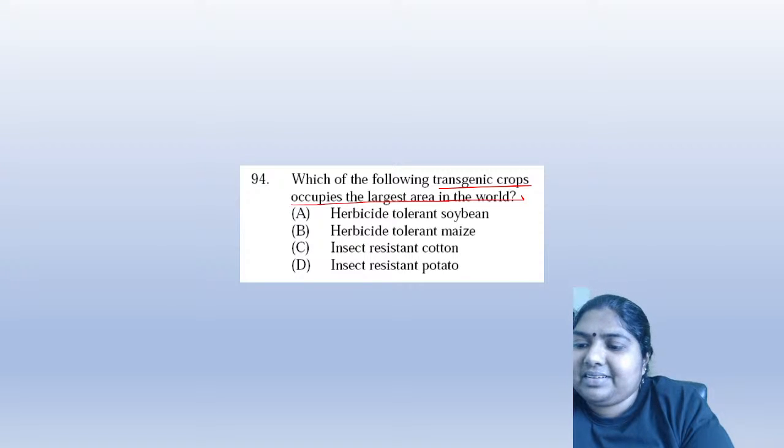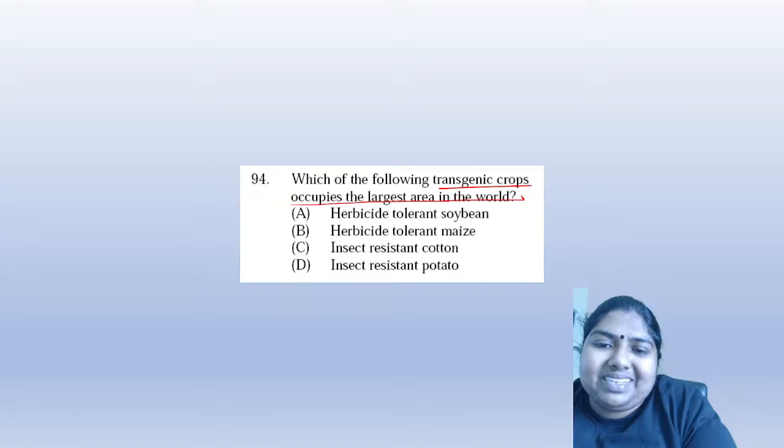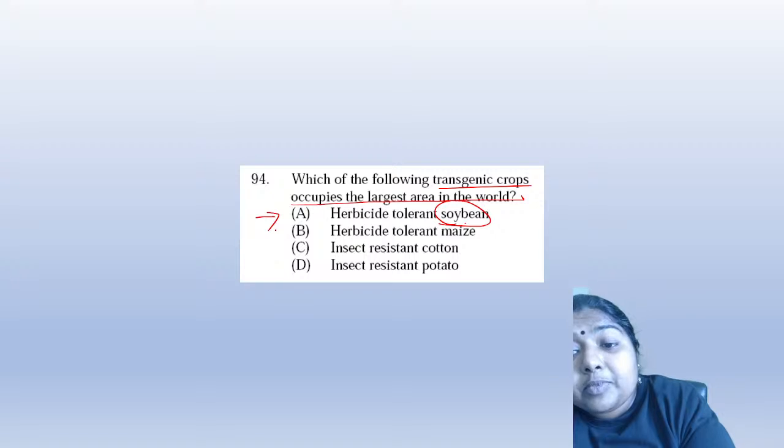Good try, everyone. But the correct answer is the GM soya beans. Herbicide tolerant soya beans occupy the largest area in the world.